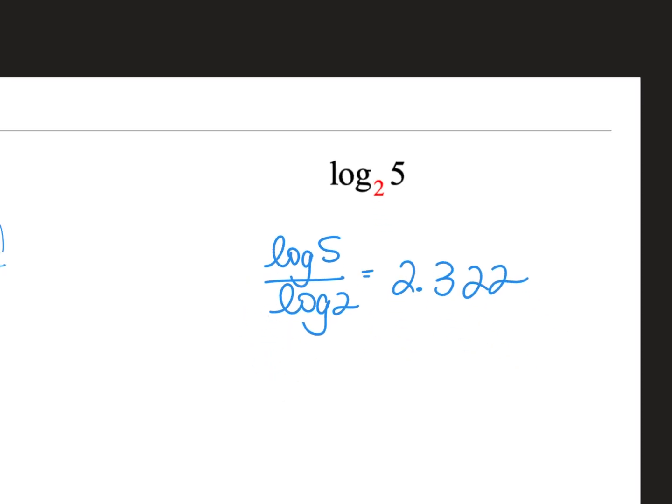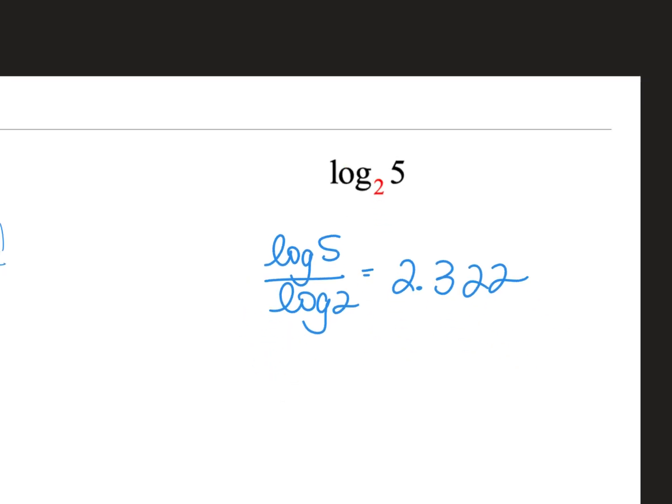I want you guys to do something for me. I want you to do the change of base formula with the same one, but I want you to use ln instead of log. Hit the ln button. ln 5 over ln 2. Tell me what you get. The same thing, because logs and natural logs are the same thing.